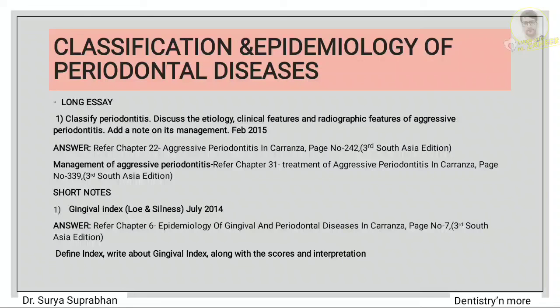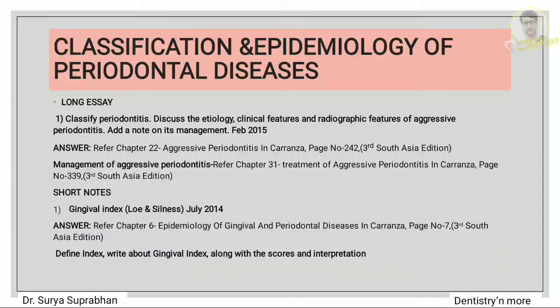For classification of periodontitis, refer the classification chapter in Carranza. For the second part, on aggressive periodontitis, refer chapter 22, aggressive periodontitis, and for the management, refer management of aggressive periodontitis, chapter 31.